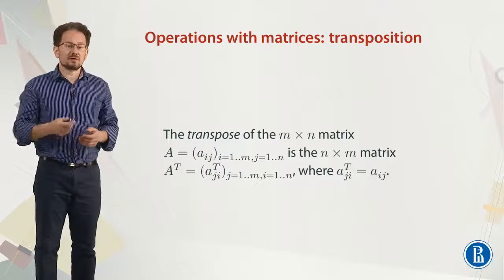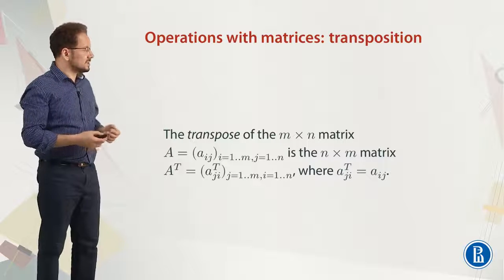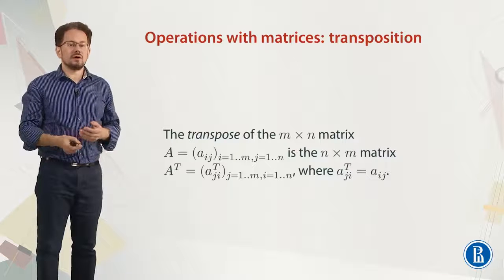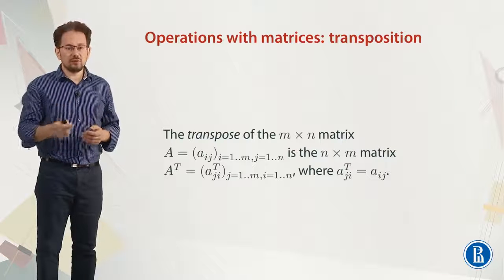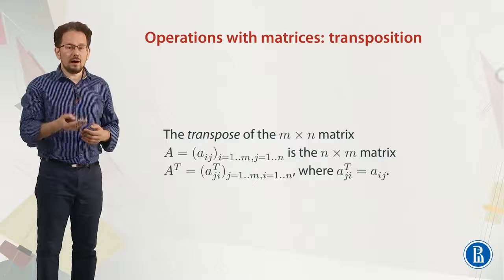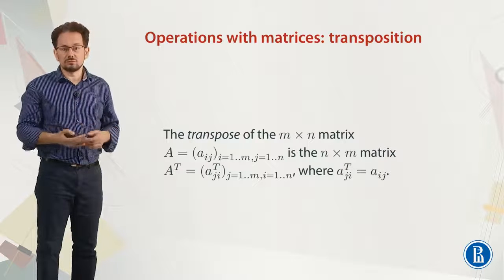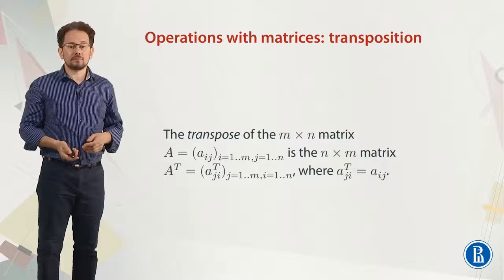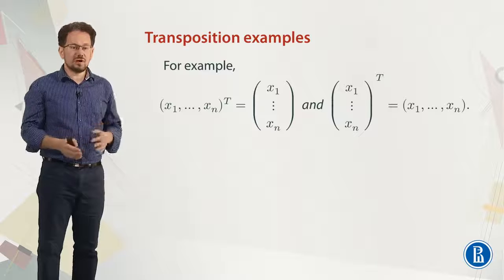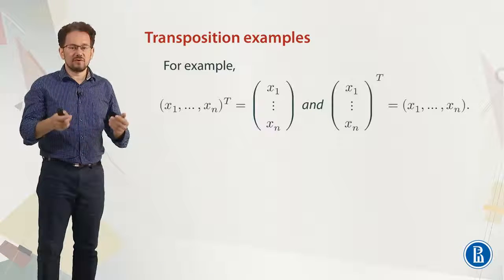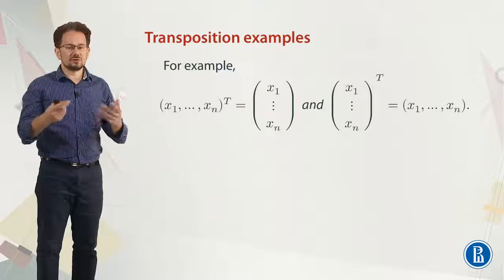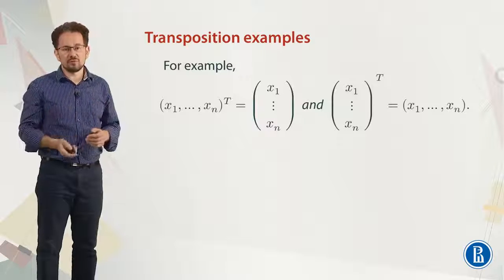The first index in the transpose matrix is j, the second index is i, so if the original matrix had m rows and n columns, then the transpose will have m columns and n rows. For example, the row vector after transposition gives the column vector, and the column vector gives the row vector. So the two kinds of vector are transposes of each other.